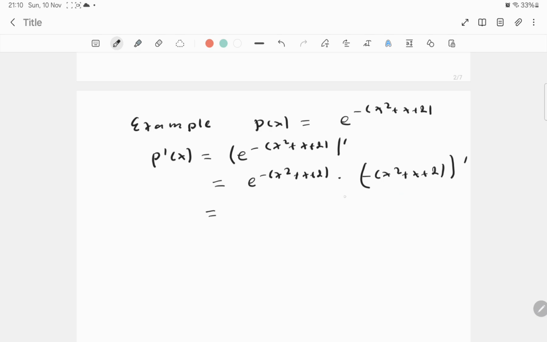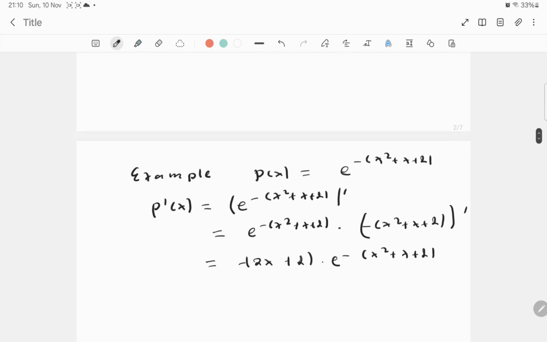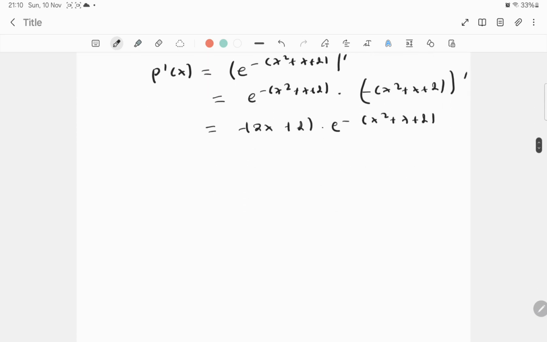The derivative of this one is minus 2x plus 1, times e to the power of minus x squared plus x plus 1. It's a composite function. Let me do another example.